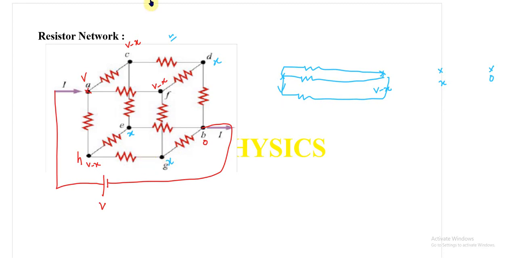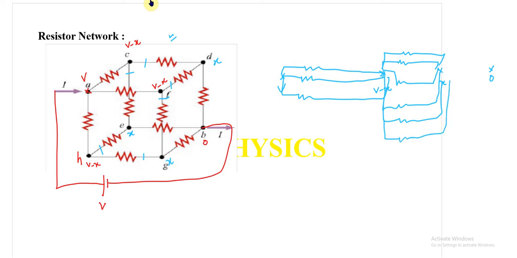This is 1, then this is 2, then this is 3, then this is 4, then this is 5 and then this is 6. There are 6 resistances between V minus X and X. So I can show that there are 6 resistances between them and they should all be drawn like this. So I have drawn all of them.